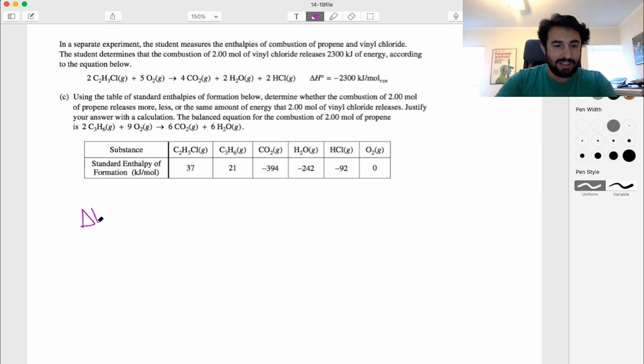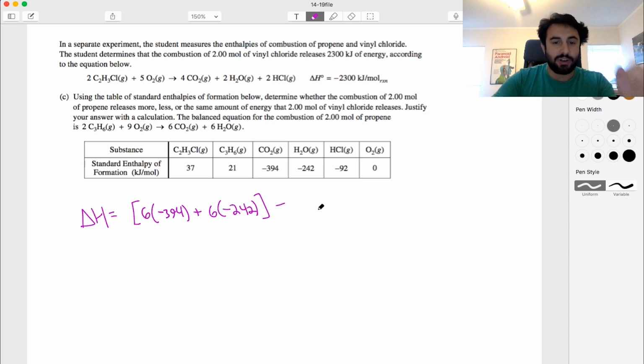So delta H is going to be equal to, and let's use brackets, let's separate the products and reactants very clearly. So 6 times the CO2, we're going products first, that's negative 394. And then we add to that 6 times H2O, we've got negative 242.